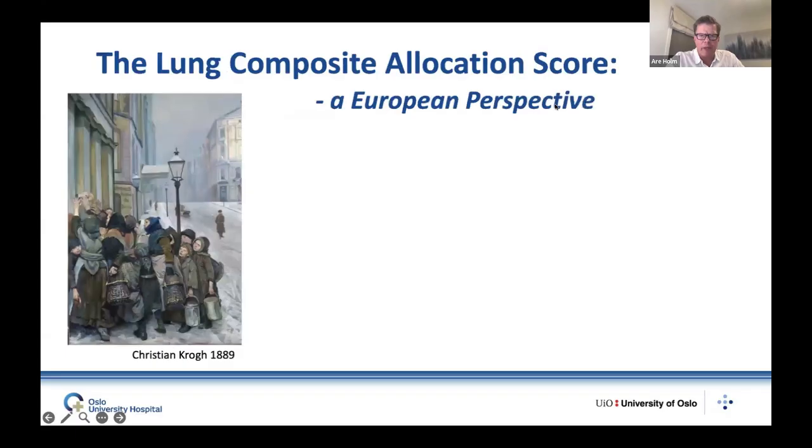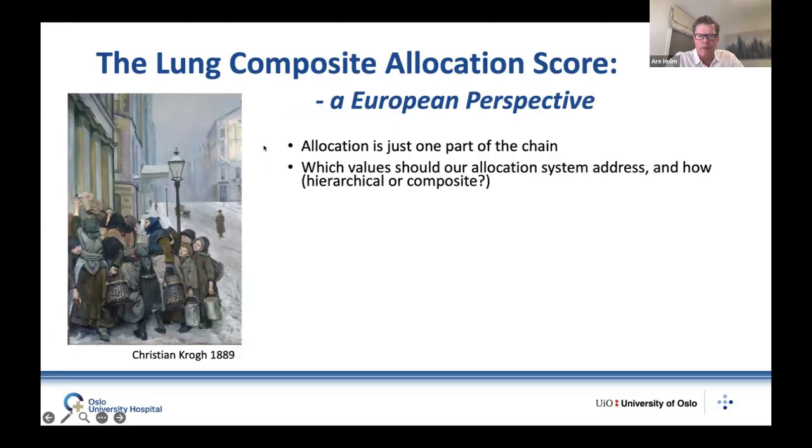So I would like to summarize the European perspective by repeating that allocation is just one part of the chain. It's just one base in the whole chain from being a needy patient to getting a transplant.